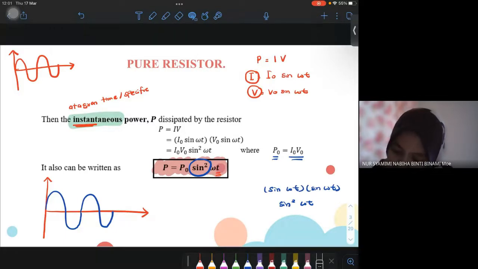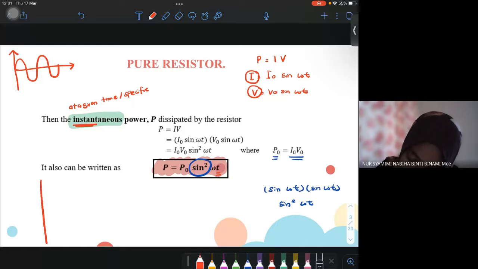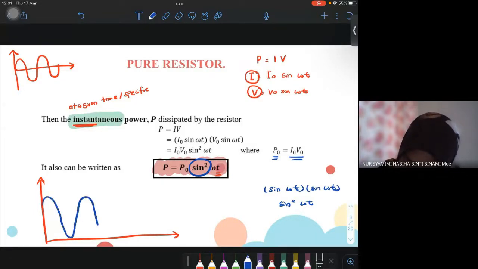Disebabkan dia sin square, graf kita akan jadi semua berada di atas. Tapi dia sin kan? Ini cos.